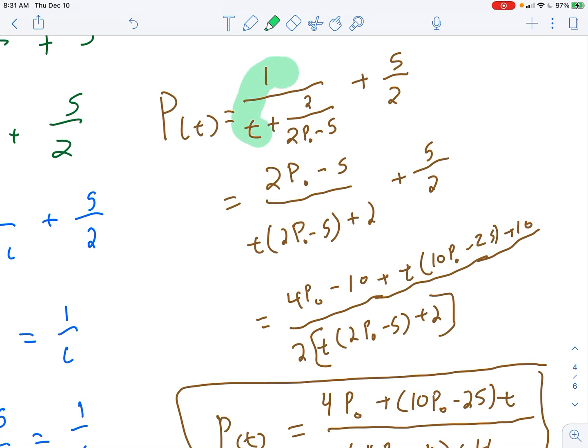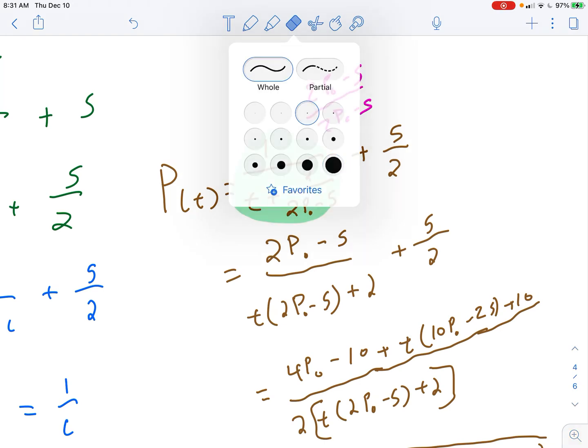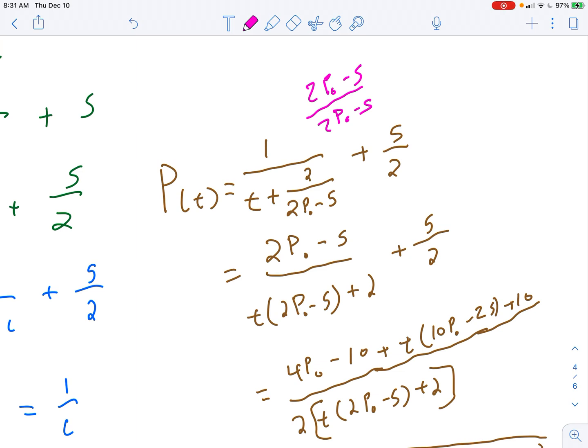So we're going to multiply this whole term right here by 2p sub 0 minus 5 over 2p sub 0 minus 5. The numerator is going to be multiplied by 2p sub 0 minus 5, and that's how we get that.